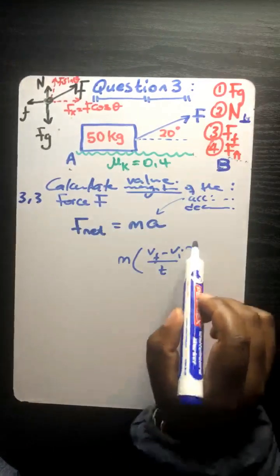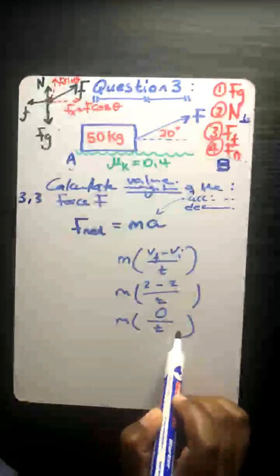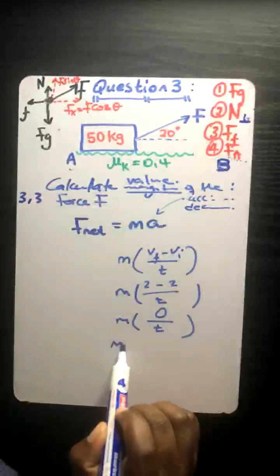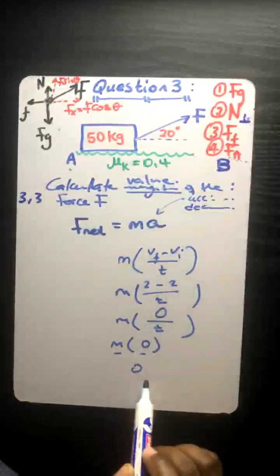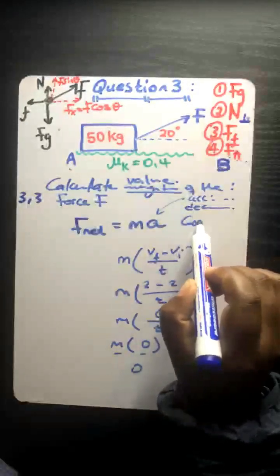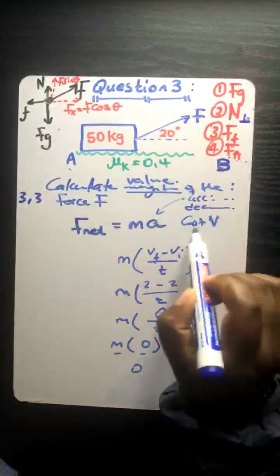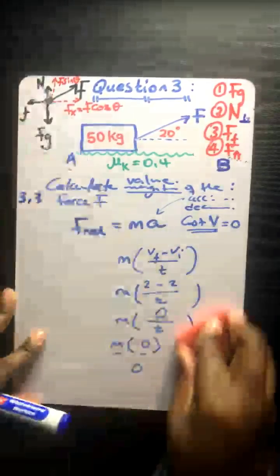If they say constant, they mean if the final velocity is 2, the initial velocity is also 2, the same velocity throughout. Mathematically, the moment you have 0 and divide by whatever, it ends up being 0. So that is zero multiplied by m, which ends up 0. That is why whenever you have a constant v, ma is equal to 0. That's how it comes about.